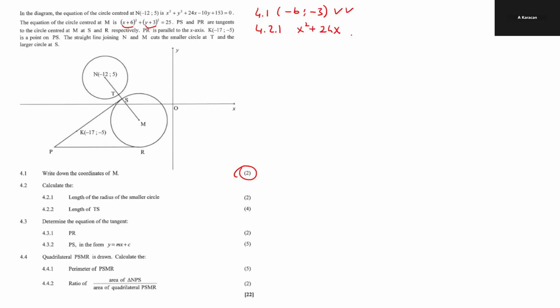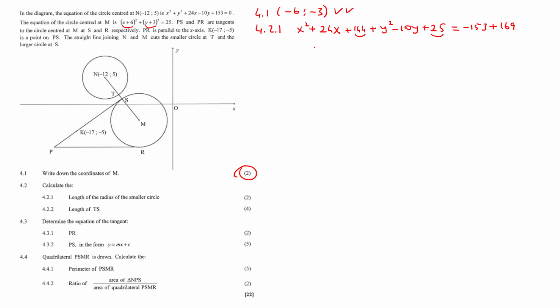In order to complete the square here, I need to add 24 divided by 2, squared, which is 144. The other one is y squared minus 10y, and the number to be added here is 10 over 2, squared, which is 25. We took 153 to the other side as negative 153. Now we added 144 and 25 on this side, so we must add those two numbers on the other side as well, which is 169. 144 plus 25 is 169.